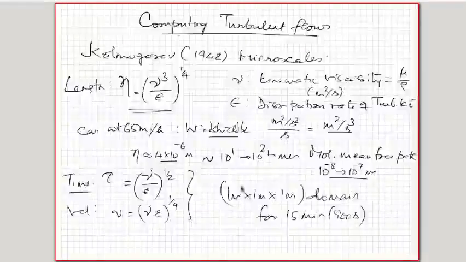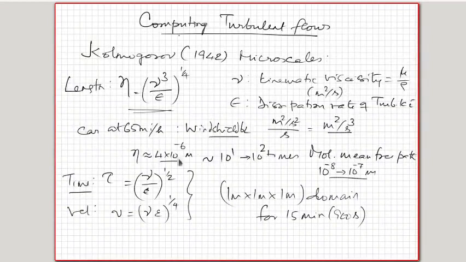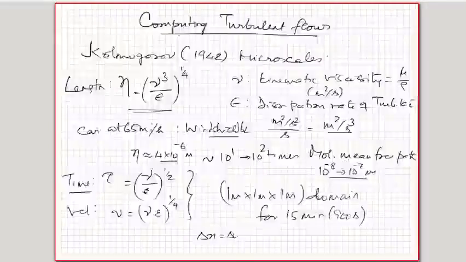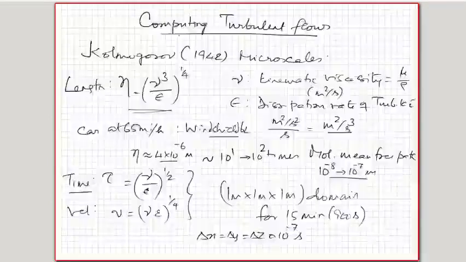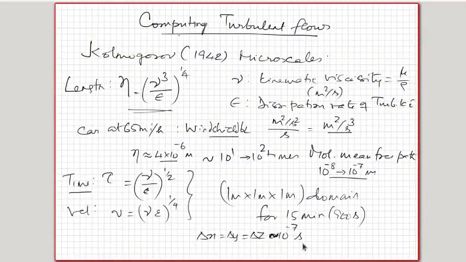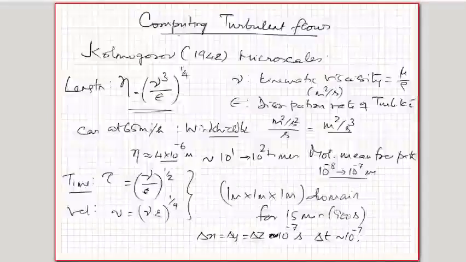Then this grid size, this is 10 to the power minus 6, so if I take delta x equal to delta y equal to delta z equal to 10 to the power of minus 7 meters, so that I completely cover this, or it's of the order of 10 to the power minus 7 even, 4, 5 into 10 to the power minus 7 also. And delta t, again of the order of 10 to the power of minus 7 seconds.